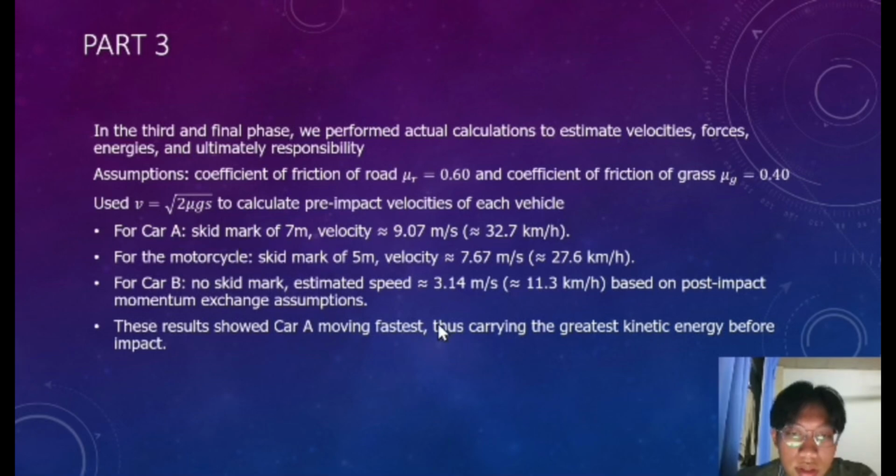Taking a look at these results, we find out that car A is actually moving the fastest, thus carrying the greatest kinetic energy before impact.